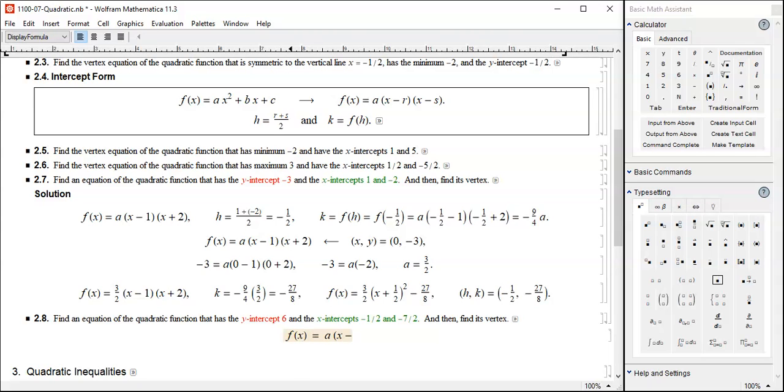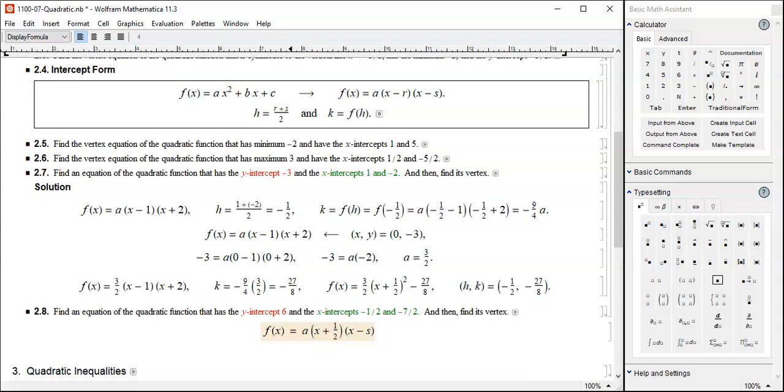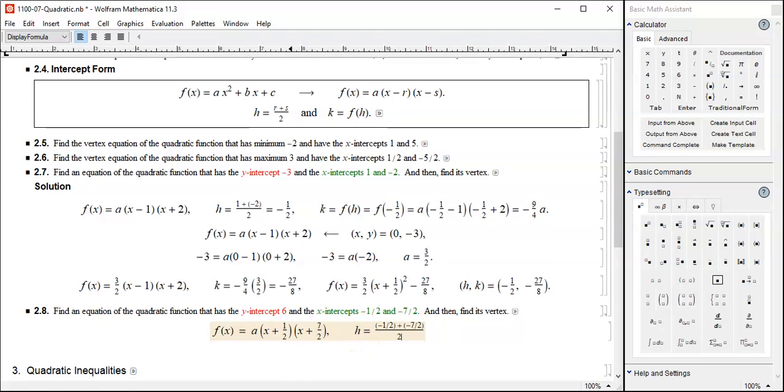And then, the x-intercepts are -1/2 and -7/2. So x plus 1/2 and then x plus 7/2. And h is immediate. So what is it? -8/2, -4/2.